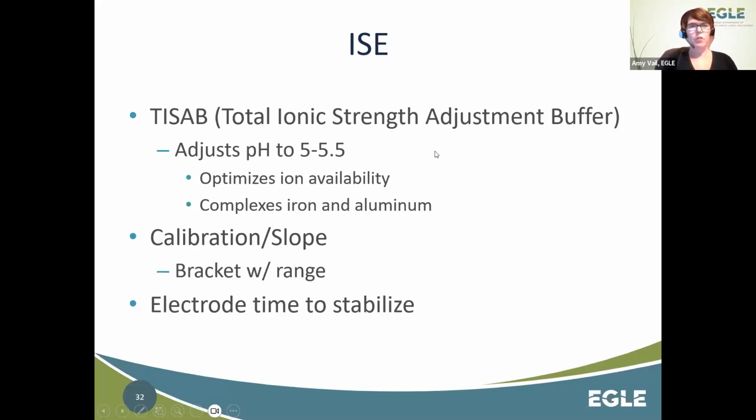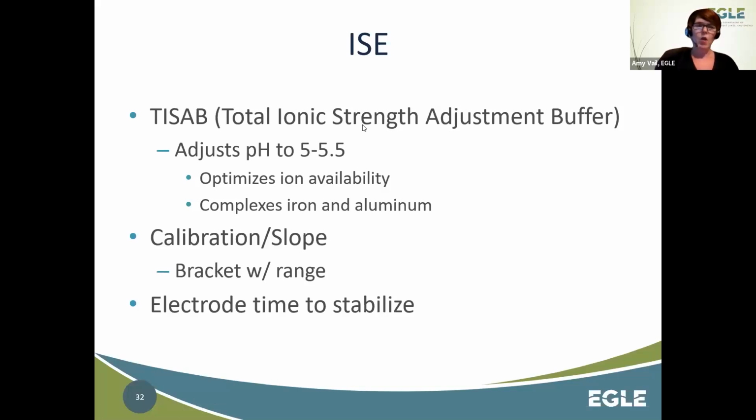There's a couple things with this one. You always should add some type of what's called total ionic strength adjustment buffer. It's referred to as TISAB. There's different types, but there's one that you just have to do 1-to-1. So if you have 50 mLs of sample, you have 50 mLs of TISAB. There's different ones out there, but you have to do different concentrations.